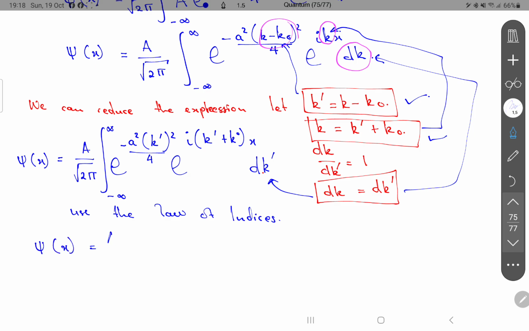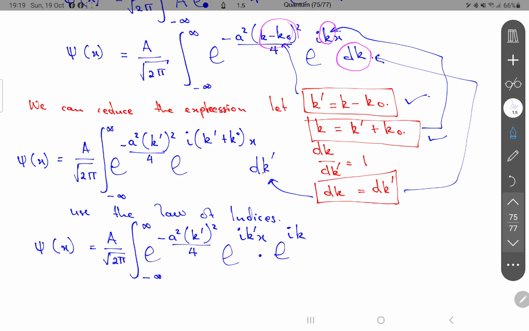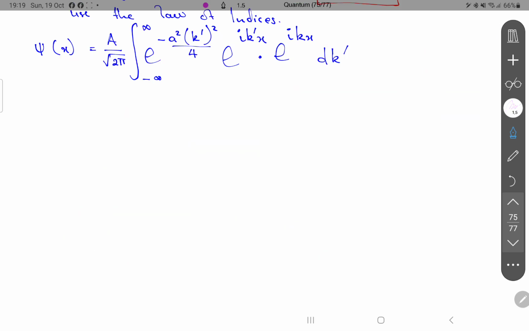Is this a over root 2 pi, the integral from negative infinity to infinity of e to the power negative a squared k prime squared over 4, e^(i k' x) dot e^(i k x) dk prime. Now let's take out constants that are not involved.